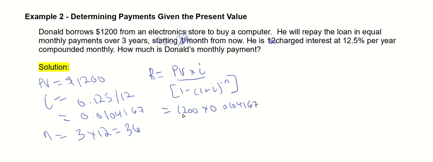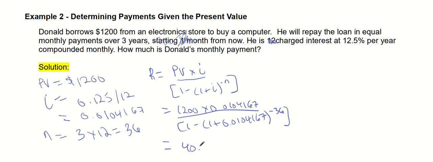Very, very ugly number. And then right here, divide all that by bracket 1 minus, bracket 1 plus the interest again, 0.0104167 and bracket, and then it's minus n, which is 36, and that's it. These brackets, and then what we should get is about $40.14. So there we go.